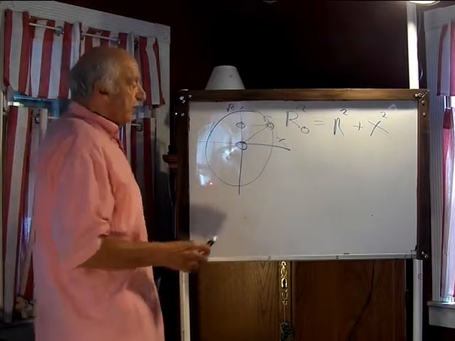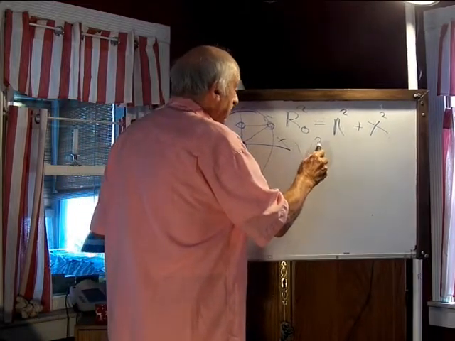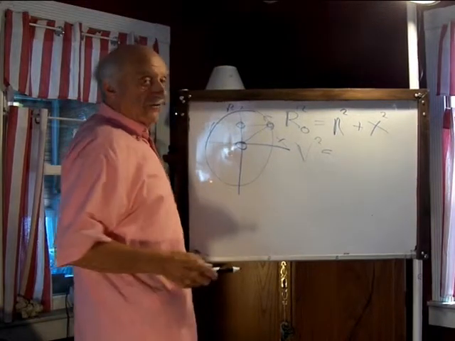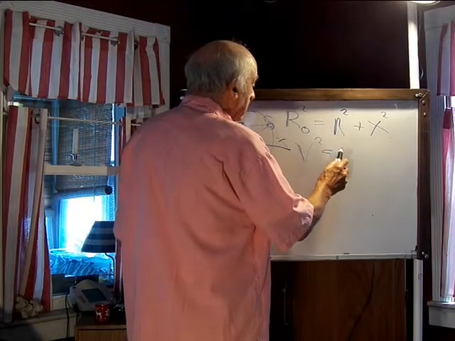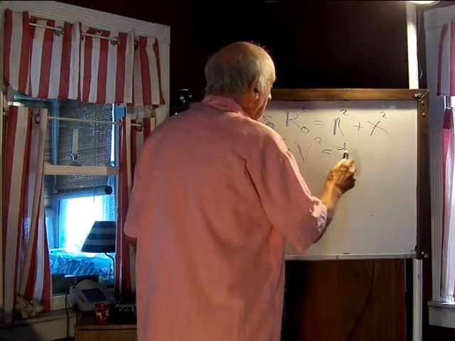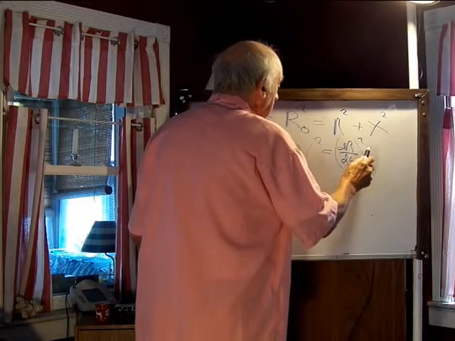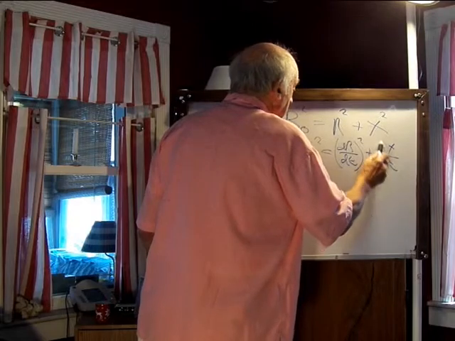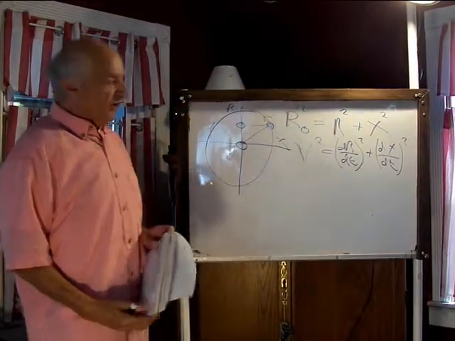You get the maximum velocity, and the velocity squared is equal to the sum of the squares of the velocities in the two different dimensions. So that's equal to dr by dt all squared plus dx by dt all squared, and that represents the constant velocity.